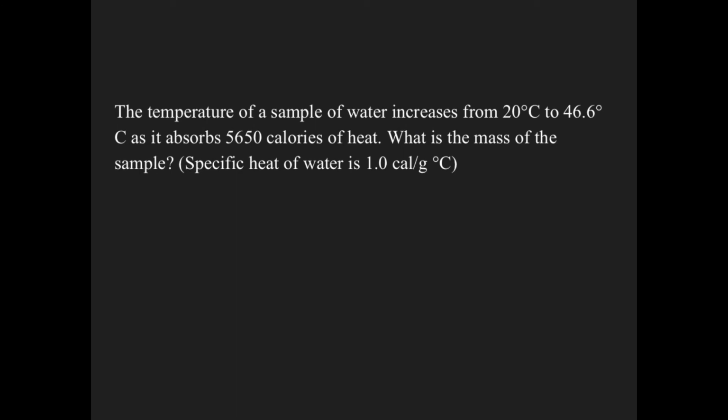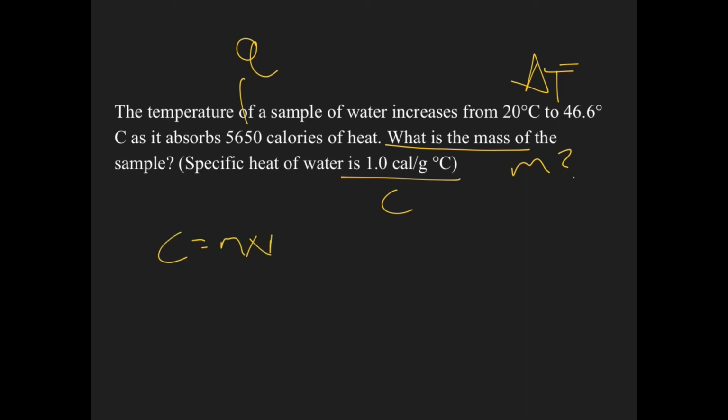Okay, last one of these. The temperature of a sample of water goes from 20 to 46.6, and we're given the Q of 5650 and the specific heat. So this time we're trying to find the mass. That's what we don't know. If the specific heat equals the heat divided by the mass times the temperature change, then if I rearrange the equation, the mass equals the heat divided by the specific heat times the change in temperature.